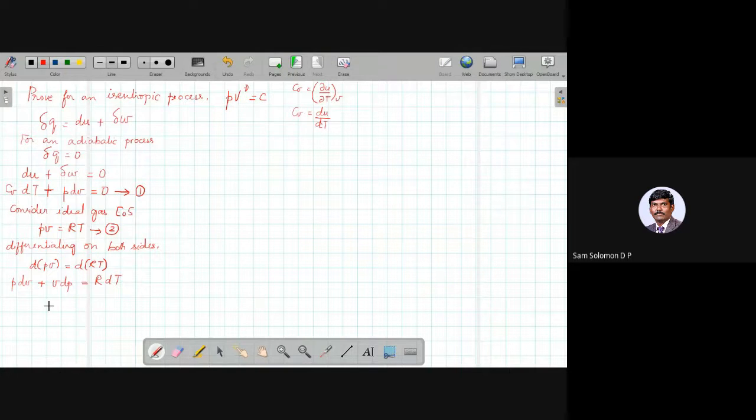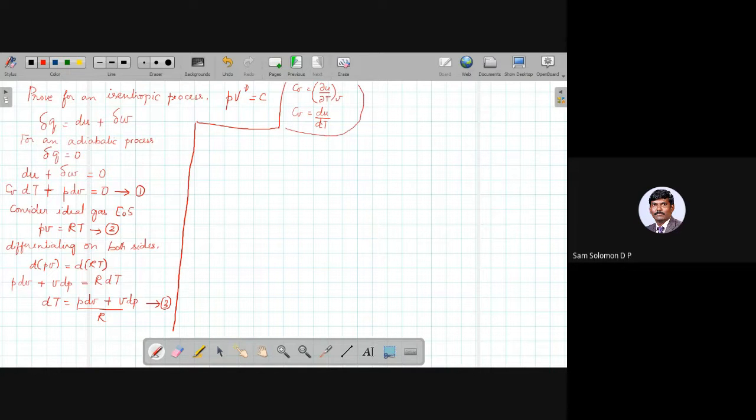Now I can write dT is (PdV plus VdP) divided by R. Let me call this equation number 3. I hope things are clear up to this.